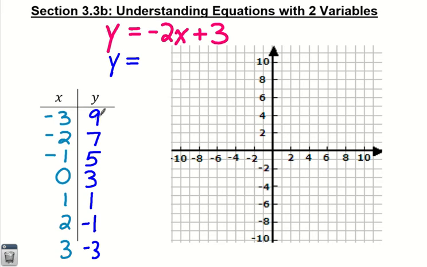And this -3, what color should I use? Let's go with purple, I guess. This -3, 9 pairing is actually an ordered pair, a set of x, y coordinates that together make one point.